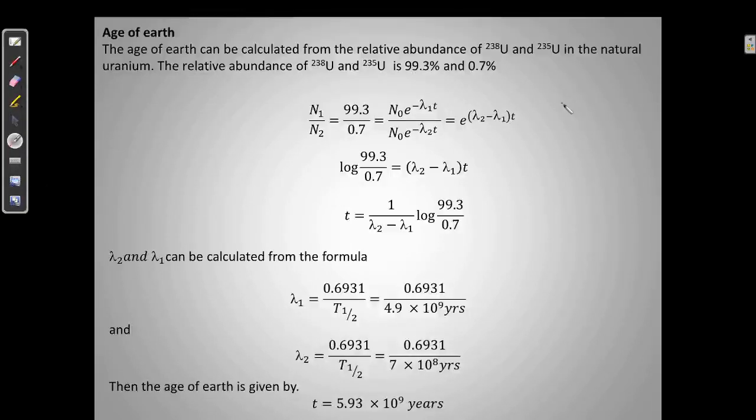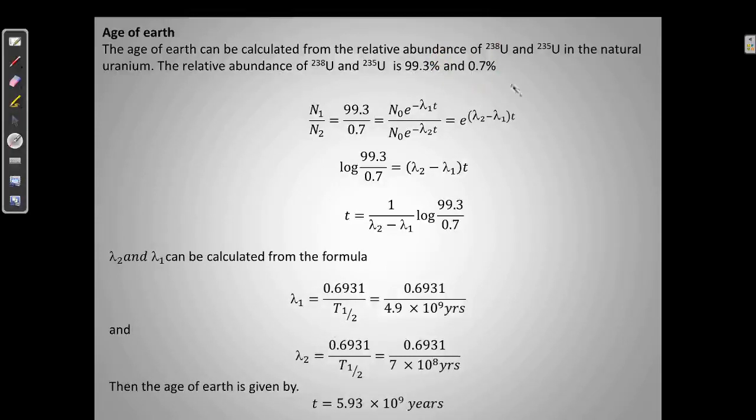Using the same method, we can find the age of the earth. The age of the earth can be calculated from the relative abundance of uranium-238 and uranium-235 in natural uranium. In natural uranium, there is a large quantity of U-238 and a very small quantity of uranium-235. The relative abundance of U-238 and U-235 is 99.3% and 0.7%.